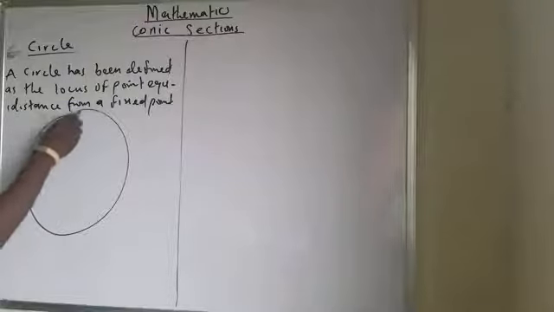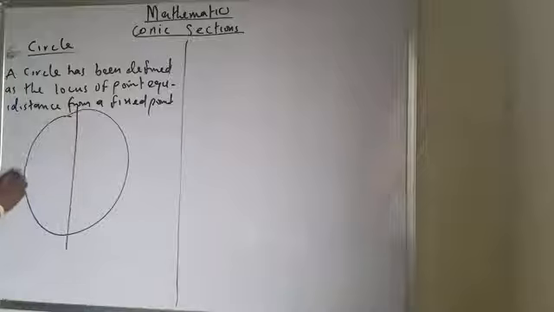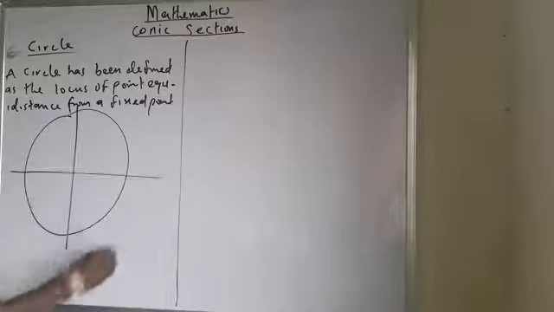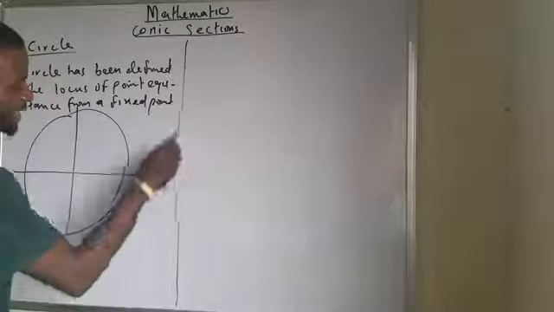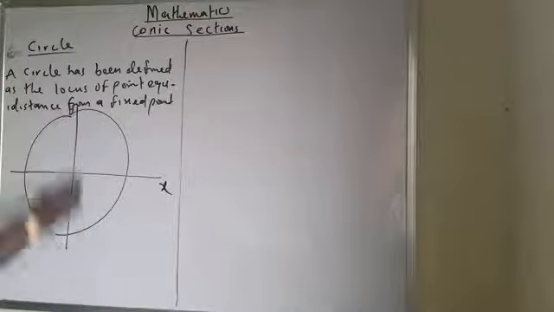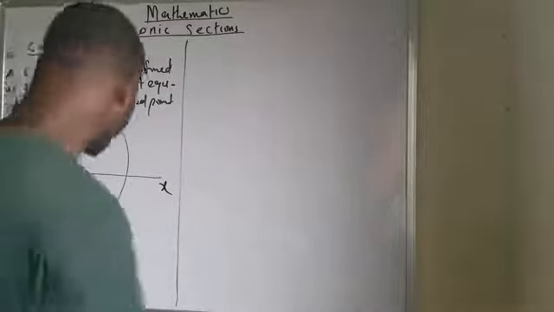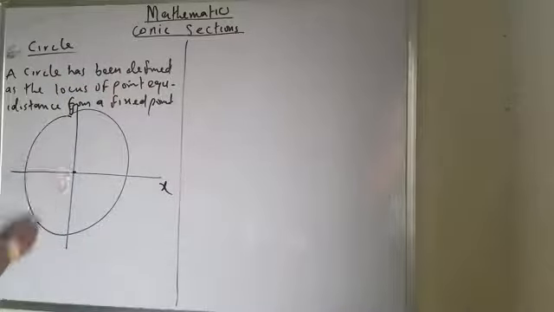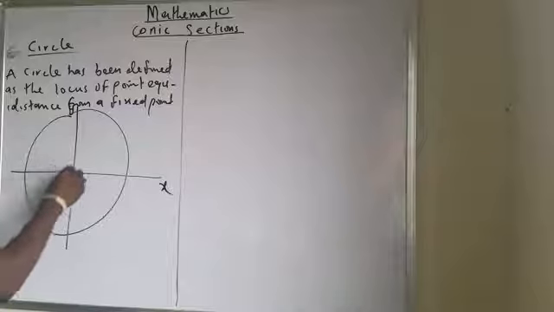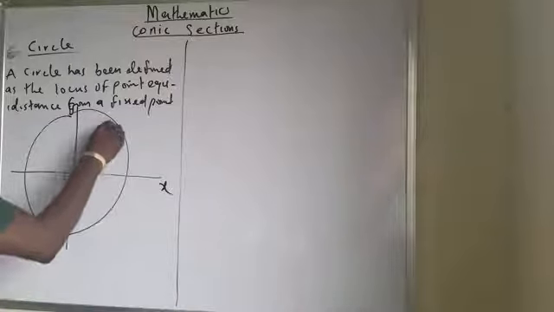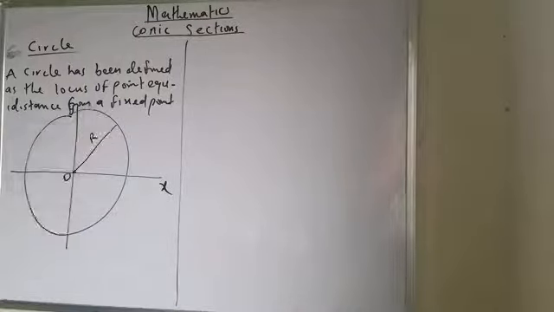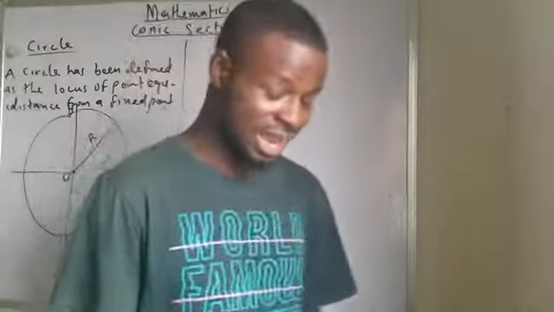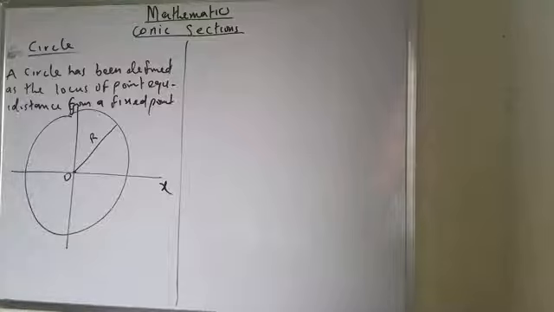Now this is my x-axis, this is my y-axis, and this is the origin, which I call O. When I draw a radius, this is my radius. A radius is a line drawn from the center to touch the circumference.